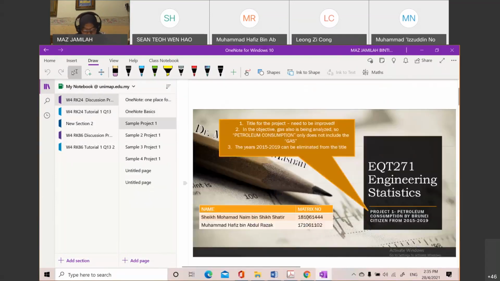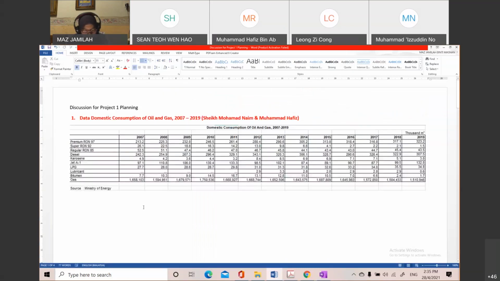Okay, let us look at the first one. Can you see this particular data in Microsoft Word? Can you see this, class? Yes, we can.